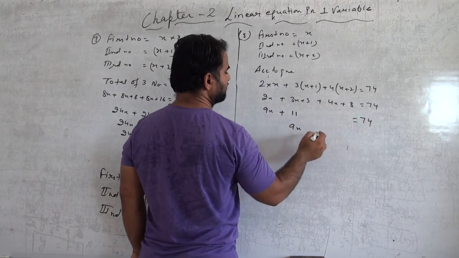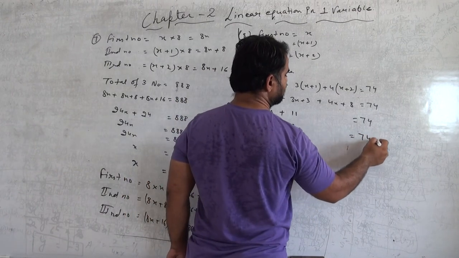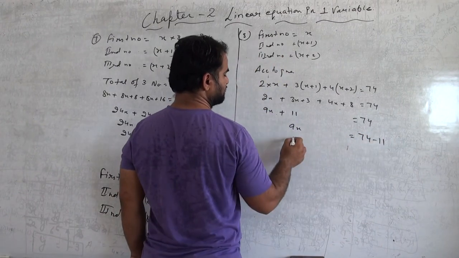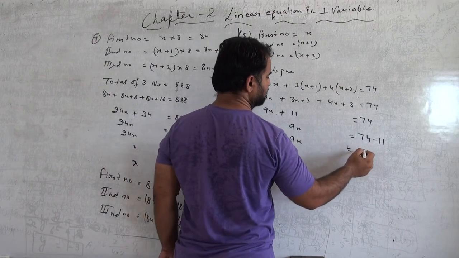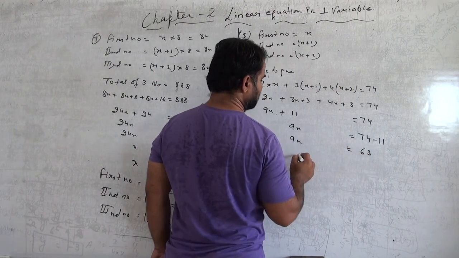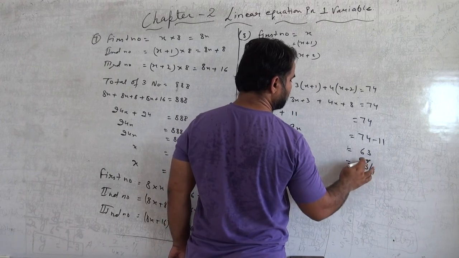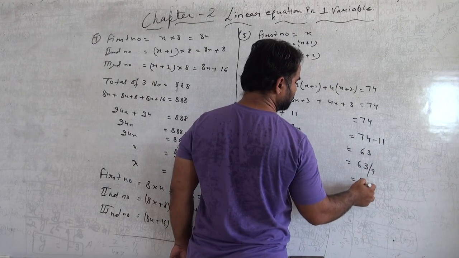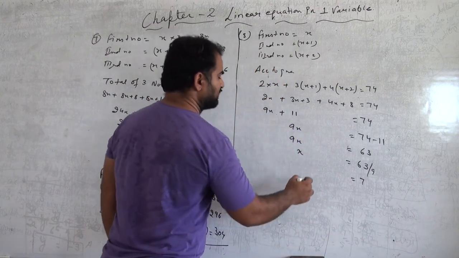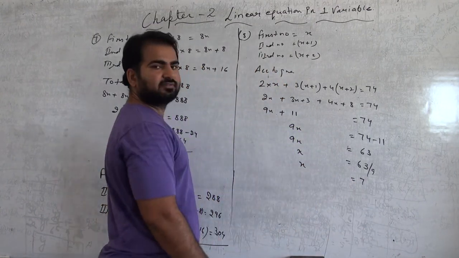So 9x will be 74 minus 11. So 9x equals 63, and x will be 63 by 9 equals 7. Done. So we got the value of 7.